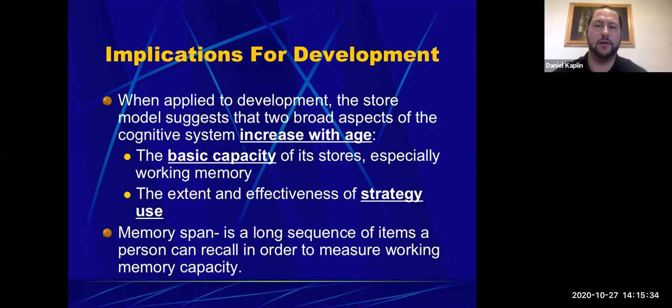Let's take a look at your social security number. It's 9 digits. Now, we use another strategy called chunking, which I'll talk to you about shortly. But the strategy of chunking is we break it into smaller parts. But it should not shock you that your social security number is 9 digits. And that's because that's the maximal capacity of memory span for most people.